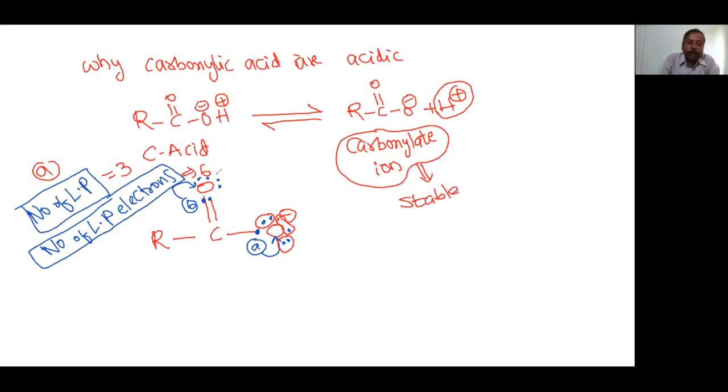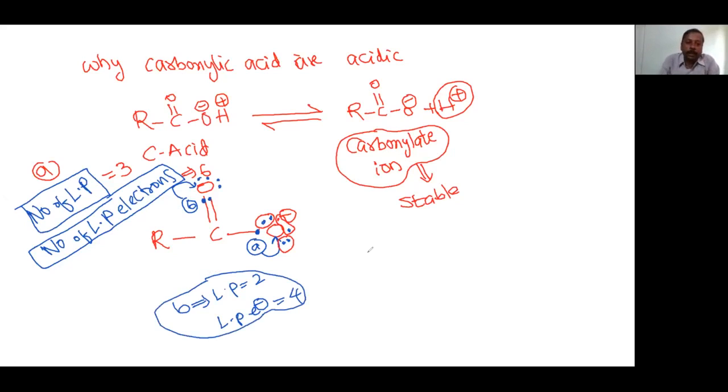Now you can identify how many lone pairs there are on B. Lone pairs are 2, and lone pair electrons are 4. Is it clear? I think nobody has any doubt now.